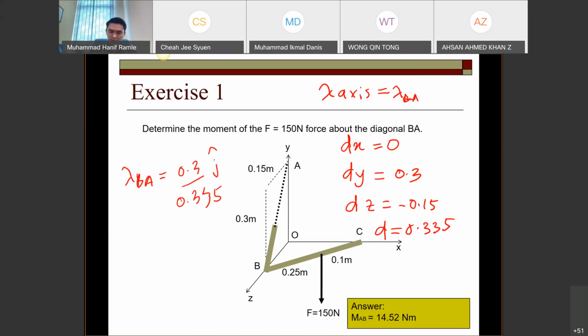Okay, and then minus 0.15 over 0.335k. Can you simplify the answer for me?